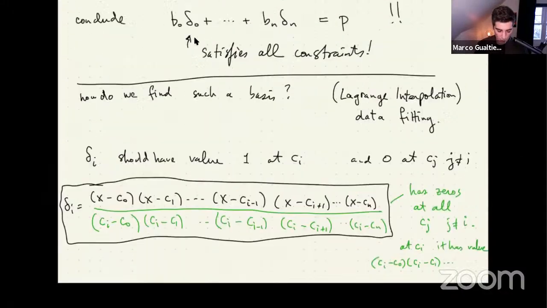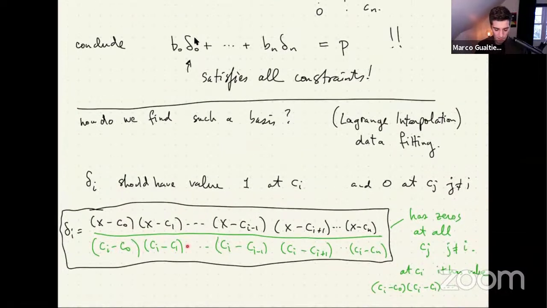So the problem is that whenever you divide by something in the field, you have to worry about whether that is 0 or not. So it is very important that Ci is not equal to C0, that Ci is not equal to C1, and so on. So what does that mean? That means that I need all the differences between the points to be non-zero. I need the points to be distinct.